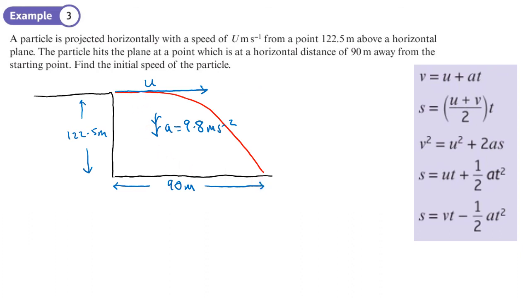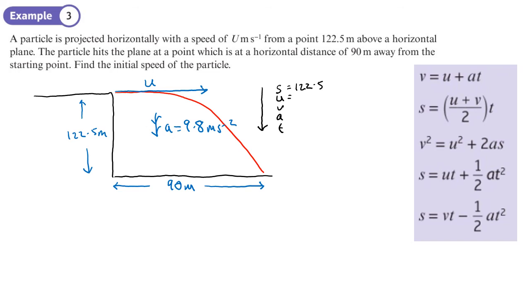So I'm going to start by working out the vertical time it takes to drop 122.5 meters. So we're taking downwards as positive. So S is 122.5.